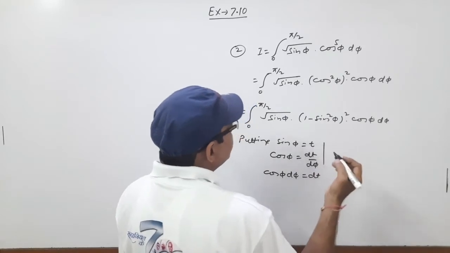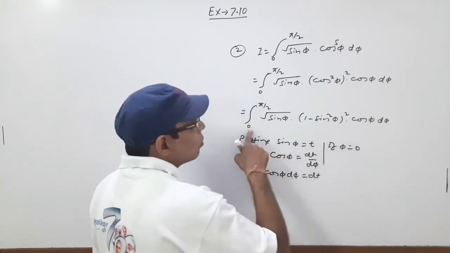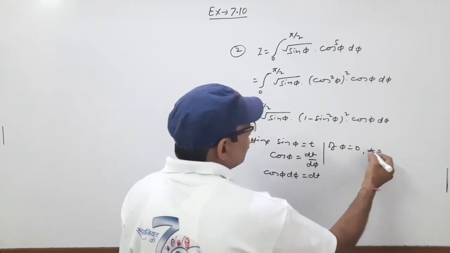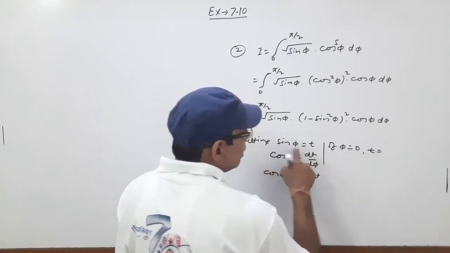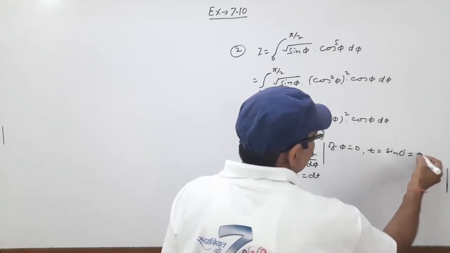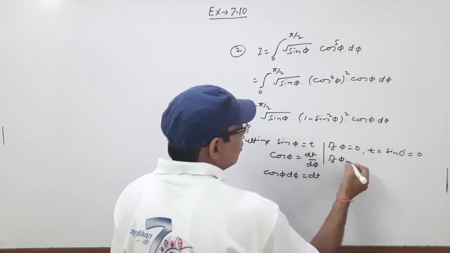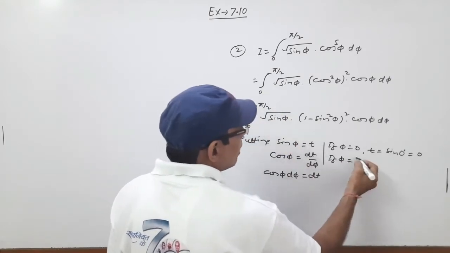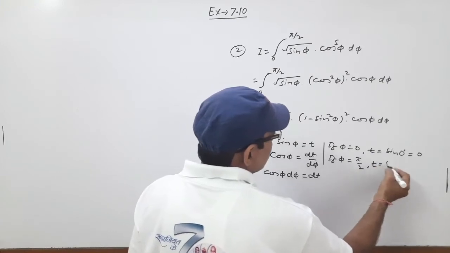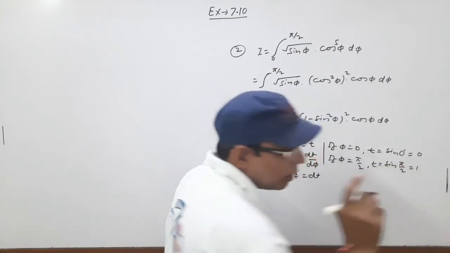And now we are changing the limit. If phi equal to 0, then t equal to sin 0 degree, its value is 0. And if phi equal to pi by 2, then t equal to sin pi by 2, that is 1.